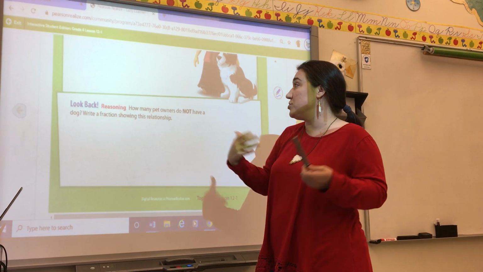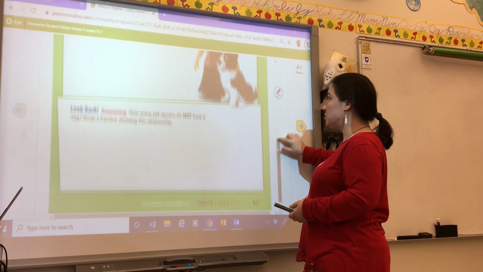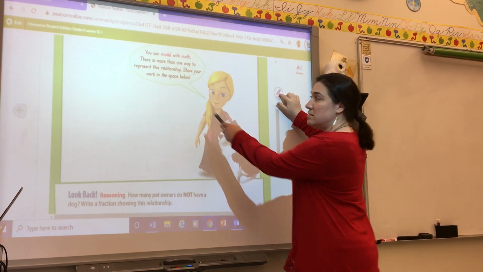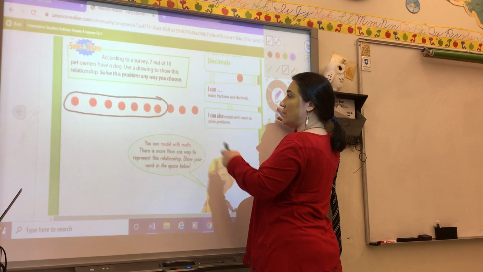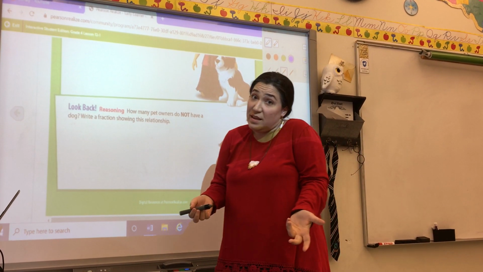So how many pet owners do not have a dog? Well, I kind of have 2 choices. I can just scroll right back up here and look at the ones up here that weren't circled, or I could calculate it.